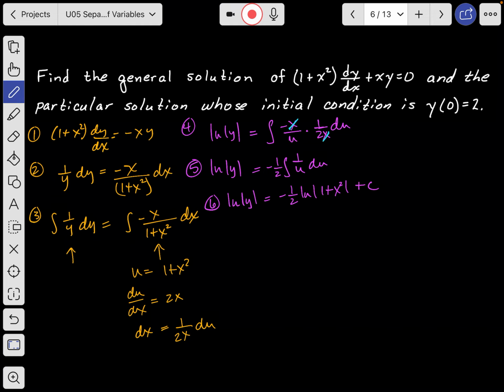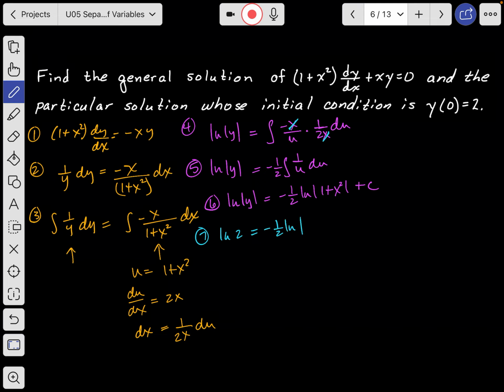Now I can substitute in my initial condition, (0, 2). So in step 7, I'll go ahead and change the color because I'm kind of moving on to the next step here. And I probably need to stay in numeric order. So this will give me natural log 2, which is just a number, equals negative 1/2 natural log.